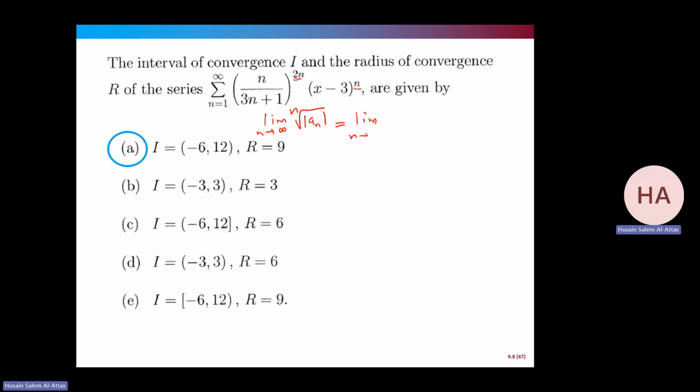The limit as n goes to infinity of the nth root of n over (3n plus 1) all squared, times x minus 3. You want the limit of this. That will be the limit.